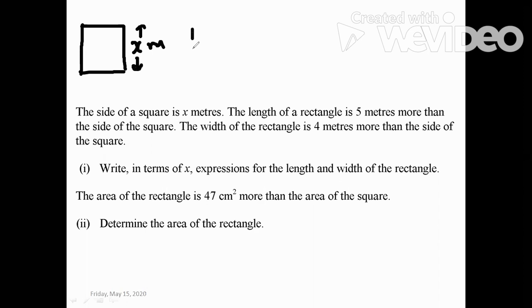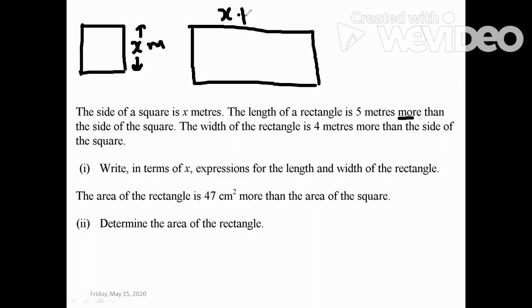And then now we have a rectangle. Now the long piece is called the length. So the length of the rectangle is 5 meters more than the side of a square. So it's x plus 5. And this is the length of the rectangle, the longest side.